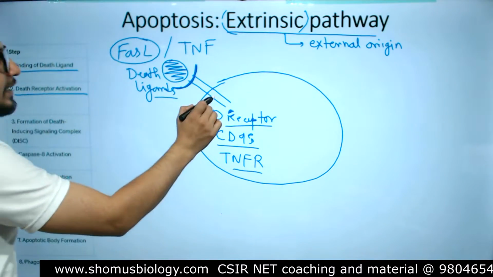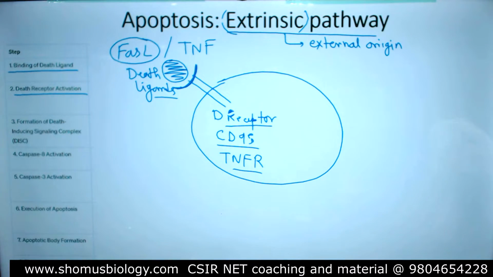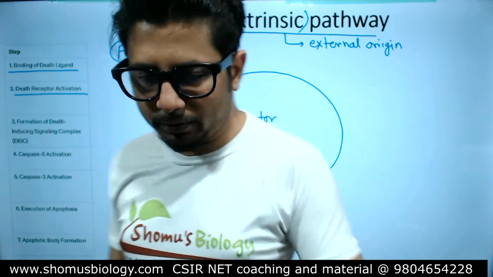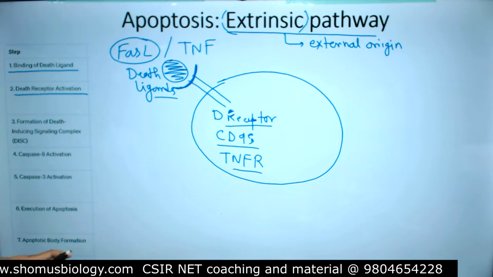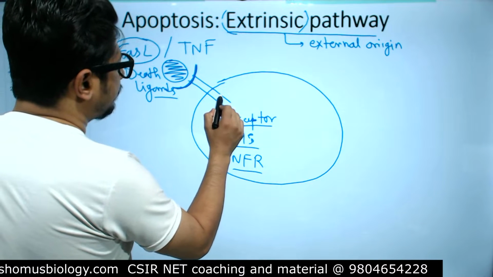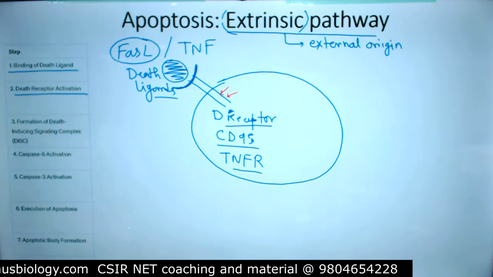So when the death receptor gets activated, what signals do we get? I'll take a different color to illustrate that part to you. When I say that the death receptor is active, what kind of activation is it?